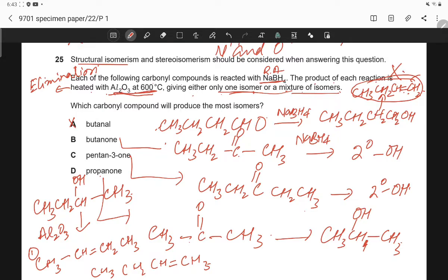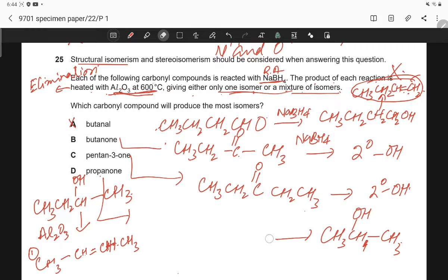So these are the two possibilities. This is the one product, these are position isomers, and also stereoisomers, geometric isomerism, cis trans isomerism.